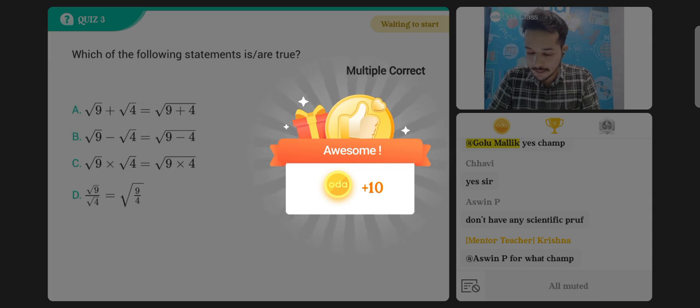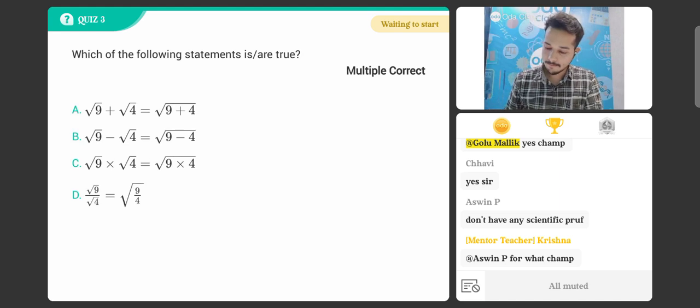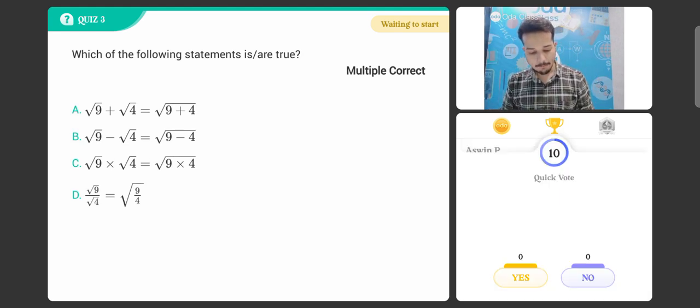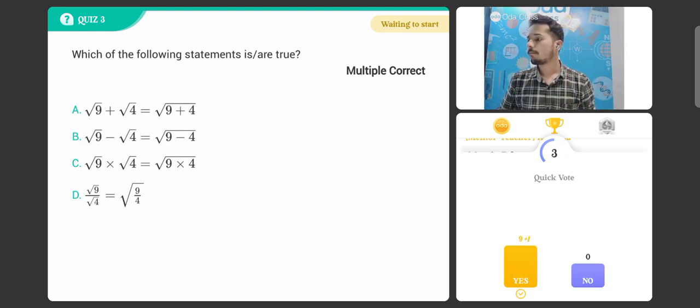You only have 5 seconds left. You can use these coins to buy goodies from Oda Mall. Do you all have the answer? Give me a yes or no. If you have the answer, then only click on yes.